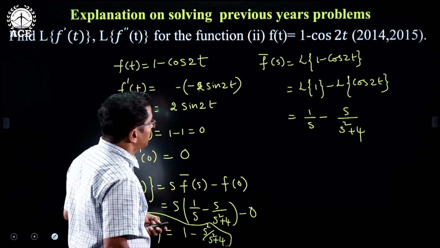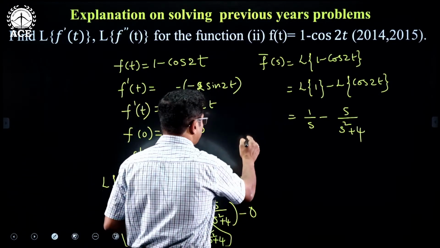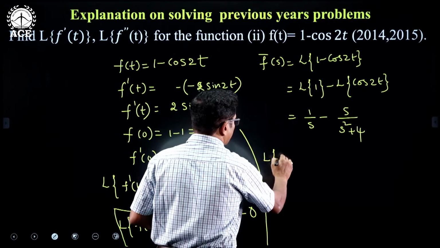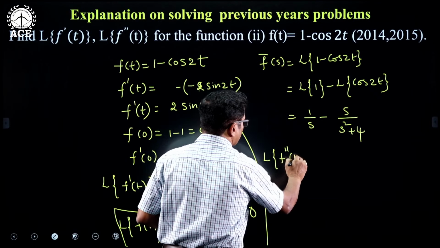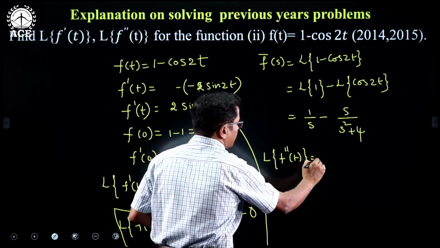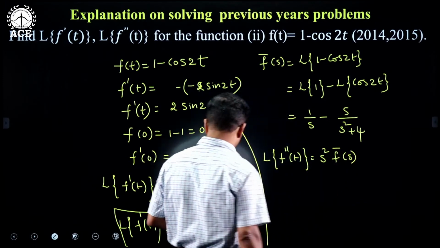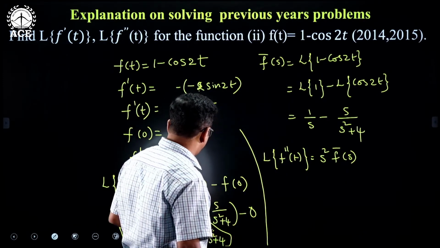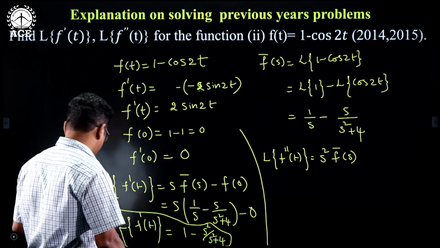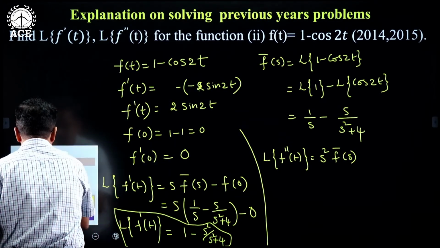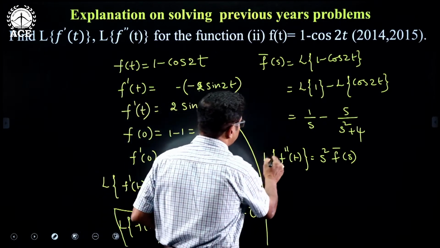Similarly, L of f double dash of t means s square into f bar of s, and so on. If you want you can simplify this actually. You can simplify this.